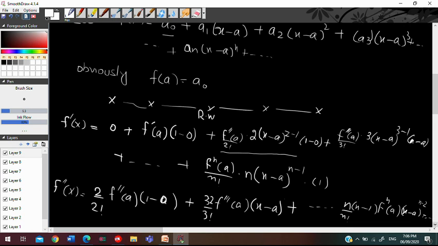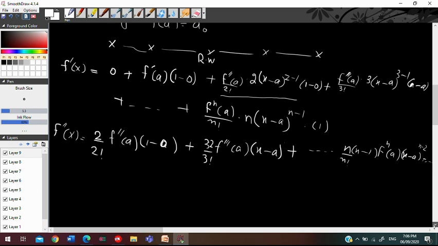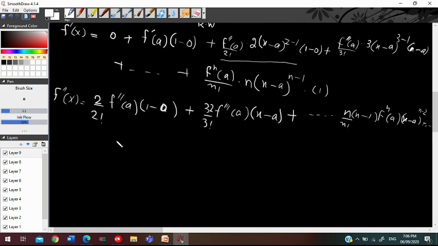And if I simplify this, I will get 2 factorial equal to 2 factorial. So here I have f double prime of a plus 6 and 6.